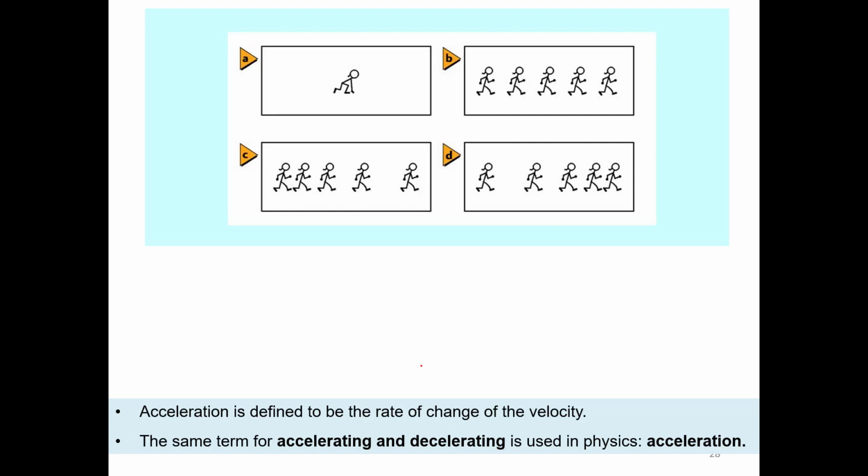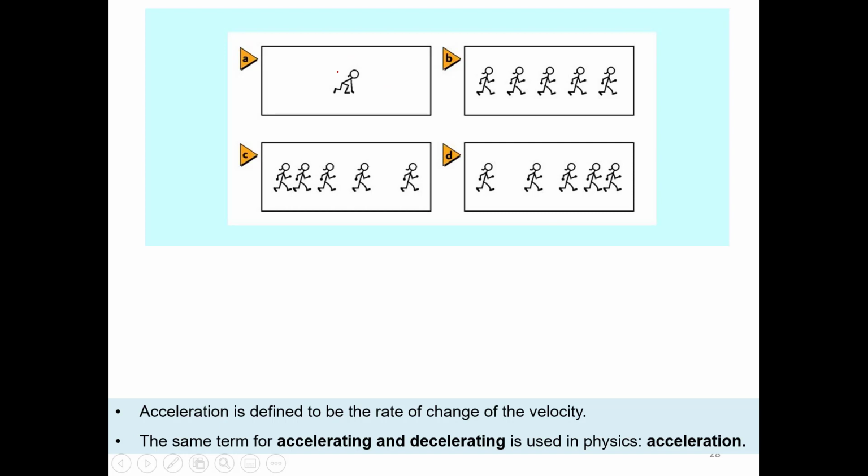Let's try to summarize what we studied today. Let's see how we can describe the motion of this person in the different situations. In A, what happened?